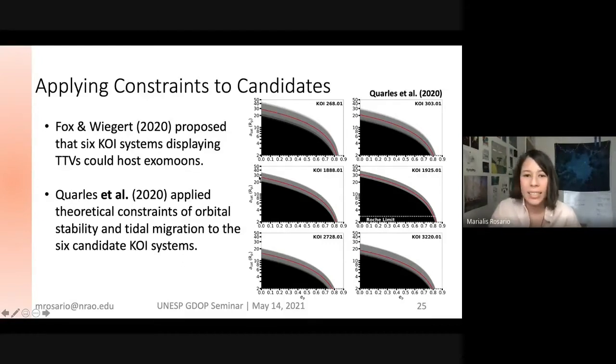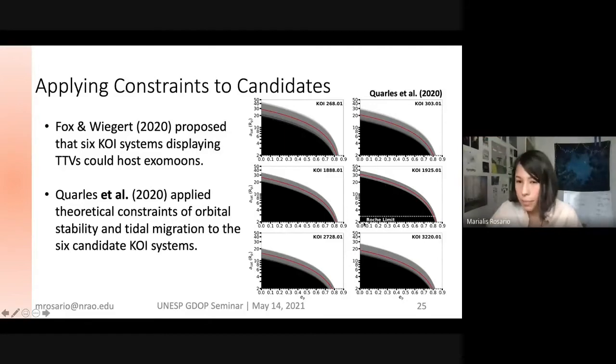And then the red line is essentially where my constraint lies. The constraint of the expression that we derived lies.